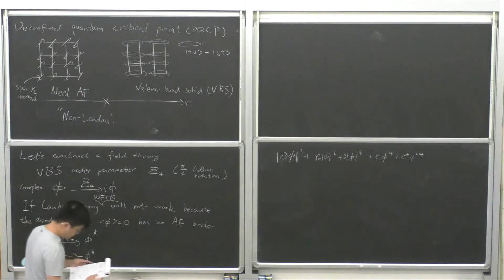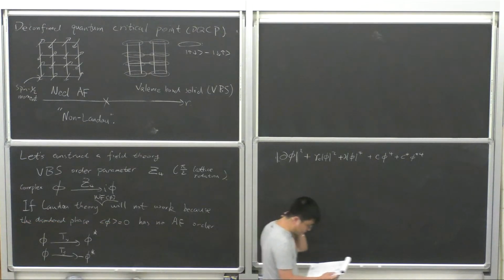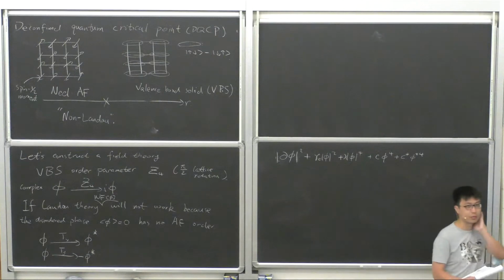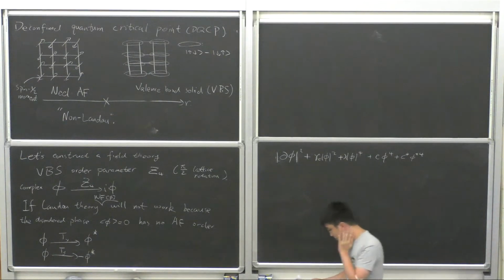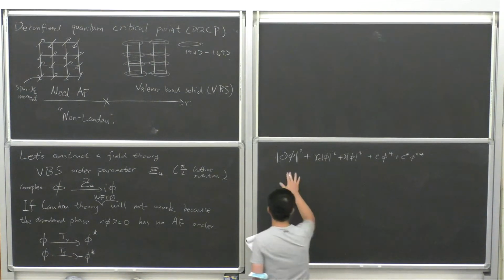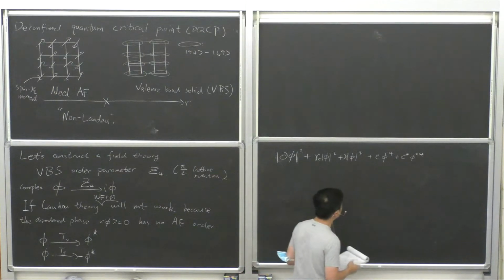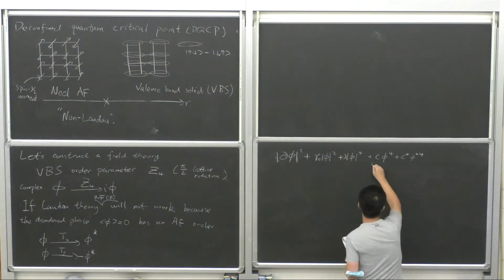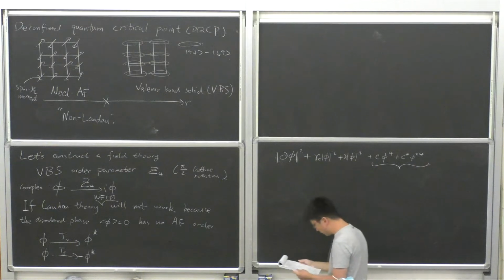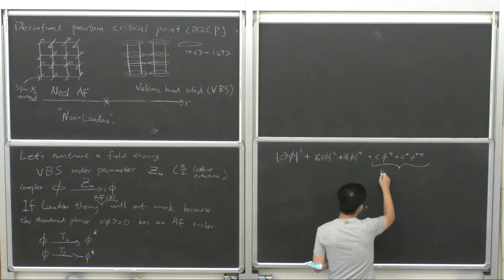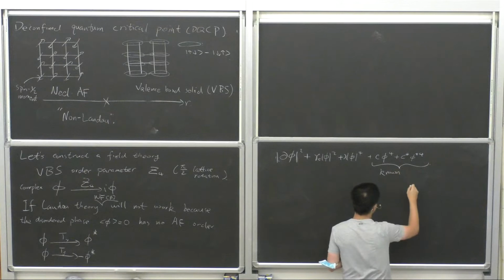So it's not going to work, but let's do it anyway, to see exactly where things go wrong. If I do Wilson-Fisher, this would be the action I write down, and this fourfold anisotropy is known to be irrelevant at the O(2) Wilson-Fisher critical point.